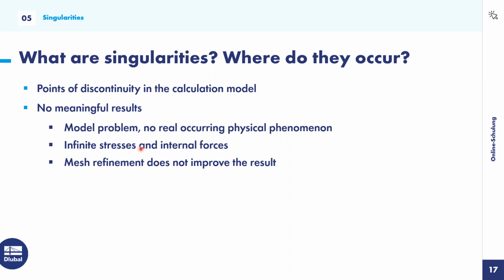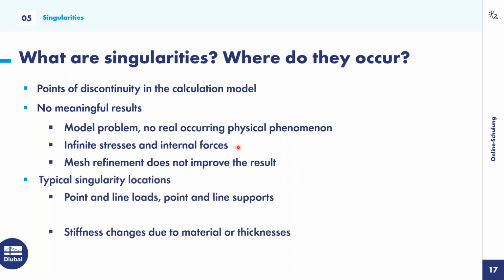So at each singularity, we have infinite stresses and internal forces depending on the FE mesh. The finer the FE mesh, the higher the stresses and internal forces, and this is normally a singularity. And the mesh refinement does not improve the result. It only improves the localization of the singularity.